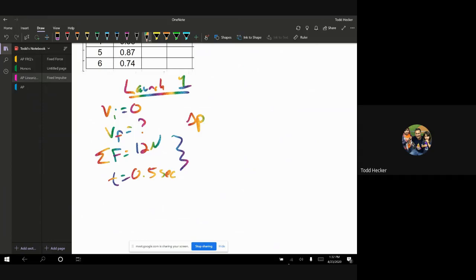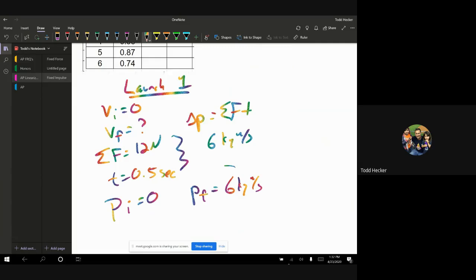The change in momentum during the launch is net force times time, which is 6 kilogram meters a second. Since the momentum before launch is 0, the final momentum after the cart gets launched is going to be 6 kilogram meters a second. So no matter what the mass of the cart is, after I launch it, that's the momentum. That feels like useful information.